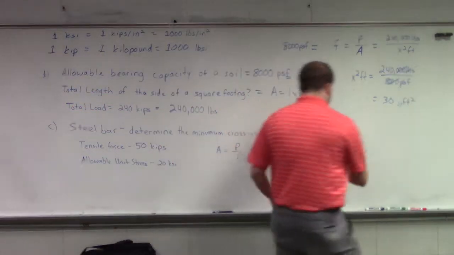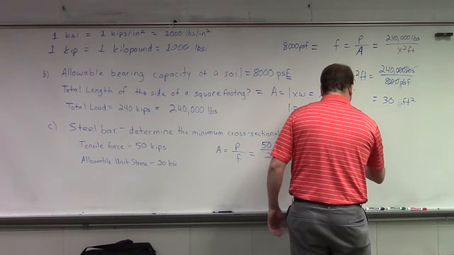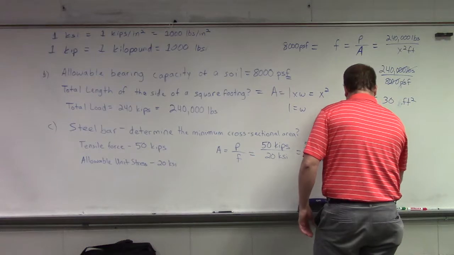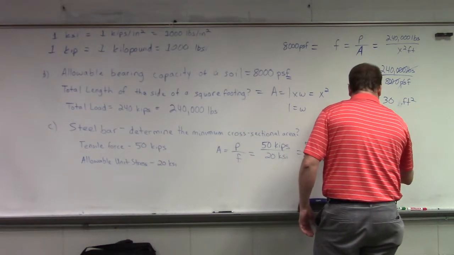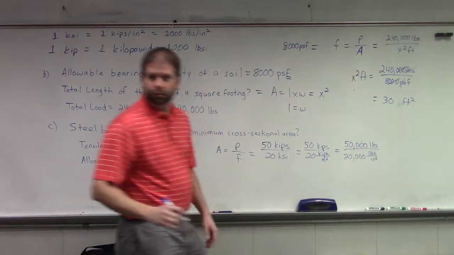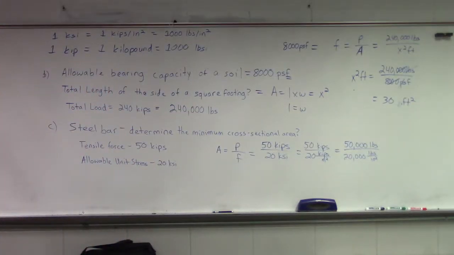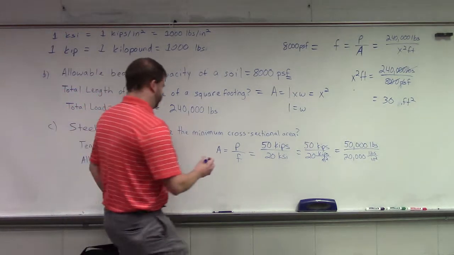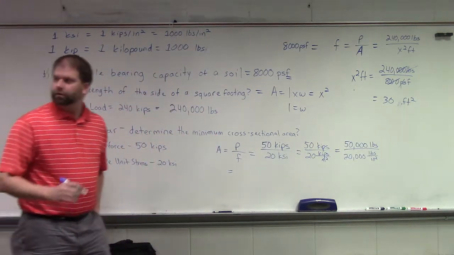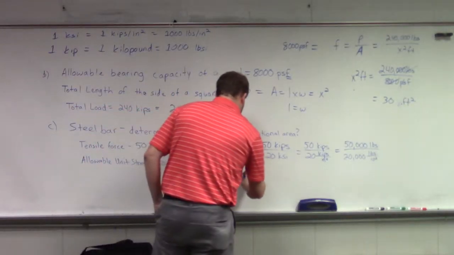And this is the equivalent of saying 50,000 pounds divided by 20,000 pounds per square inch. So what does that tell us our minimum cross-sectional area is? 2.5 square inches.